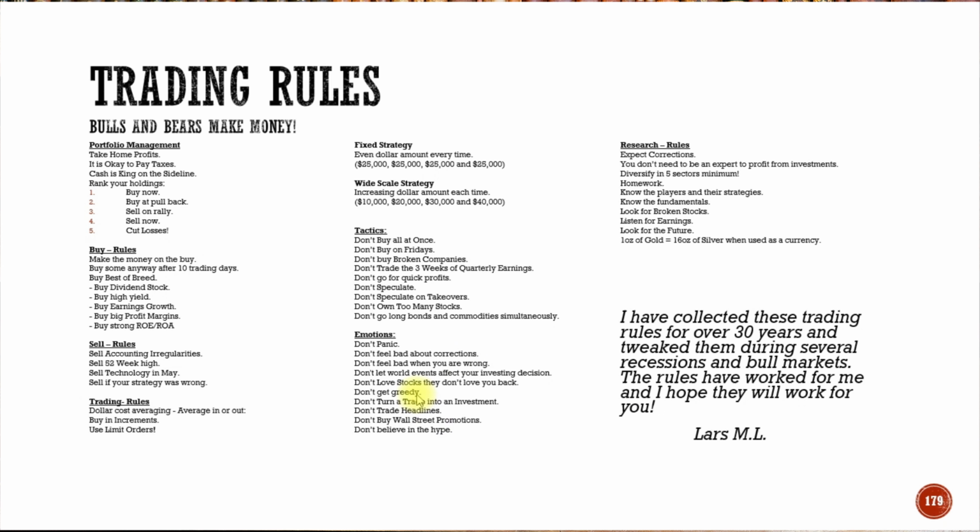They always happen, which means that rule is tied together with another rule that I have, which is cash is king on the sideline. If you have cash and there's a pullback in the market, you don't feel bad about it. Then you buy something that you liked at a better price. It's like a double coupon day. And naturally, you need to be diversified in 5 different sectors to be diversified.